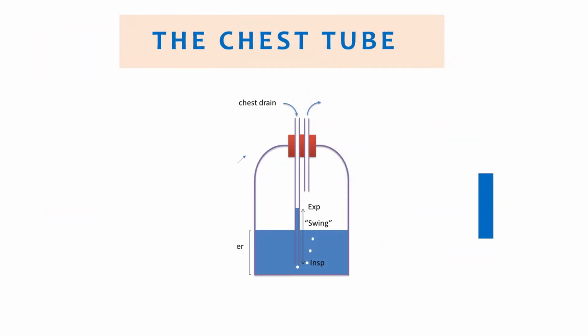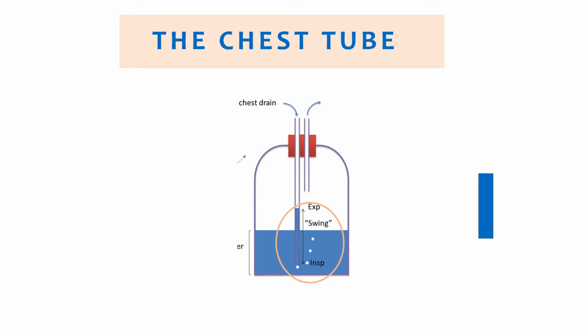So now that I've explained to you the drainage of the pneumothorax and any associated fluid with it, let us look at the chest tube closely. As you can see, there are some bubbles here, and these are the air bubbles which come out from the chest tube, and bubbling signifies that air is still coming out.